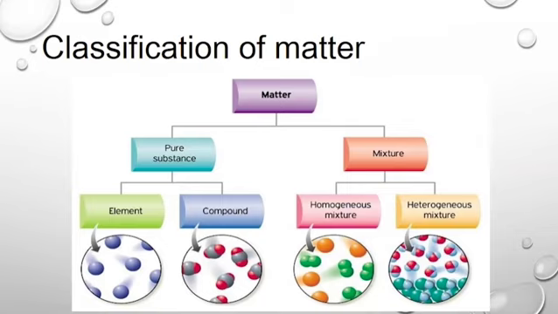And now I want you guys to get an idea about the difference between homogeneous mixtures and pure substances. Homogeneous mixtures don't have a fixed ratio. Always their ratio is variable. And they can be separated through physical means like evaporation.